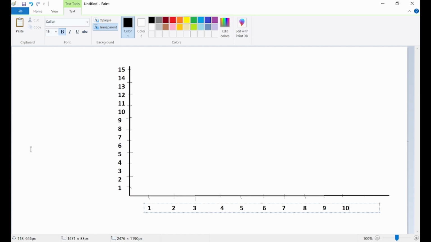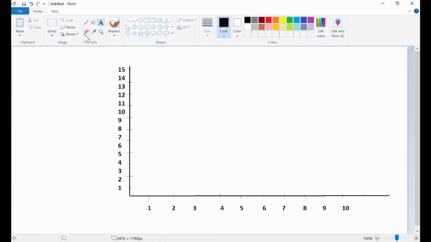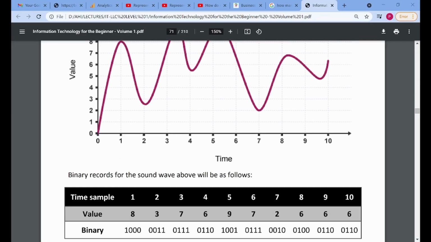All right. So now, let's say you have a dot. Let me use this. All right, now at time 1 they say you should plot the number what? 8.